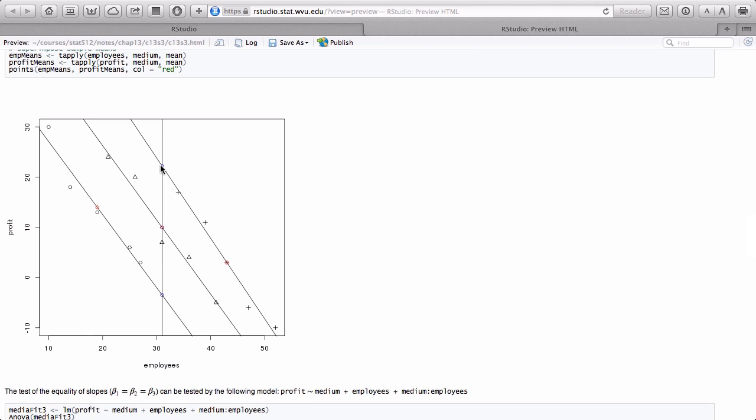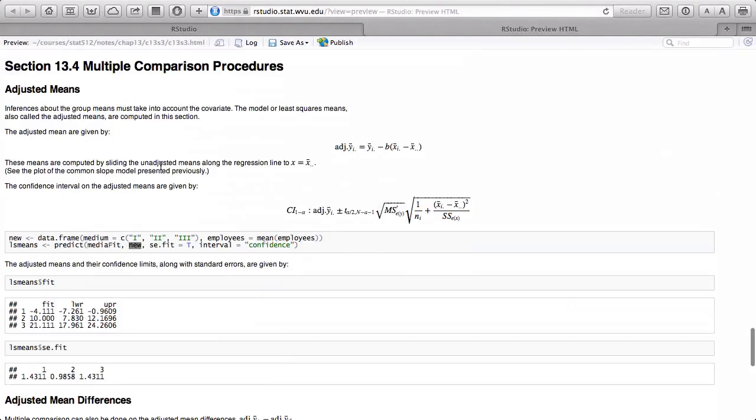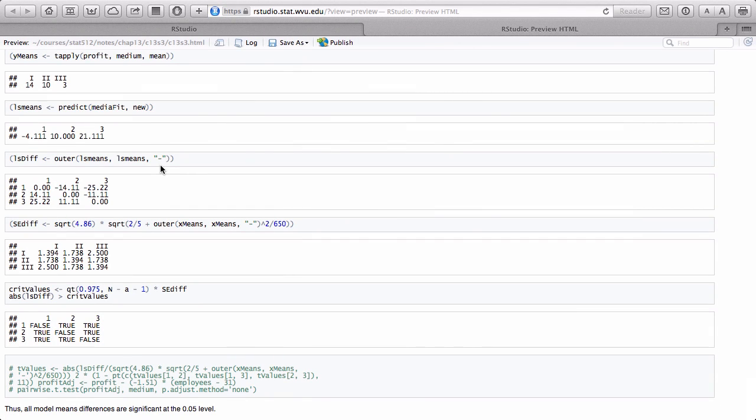And you can see 1 differs from 2, 1 differs from 3, and 2 differs from 3. They all differ. So in terms of multiple comparisons, the medians are different for each of the 3 groups. I mean, the median effects are significant when I test them individually. So that's how we do this using R.